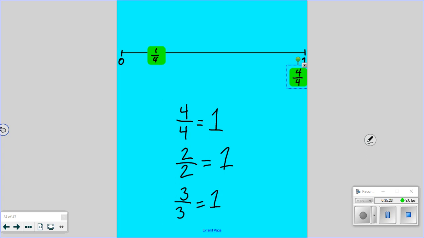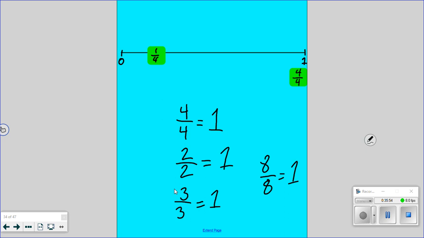The whole thing. Okay. What if I split something into 8, and I had all 8 of them? What is that worth? 1. You think it'll work? It does. If I cut something up and I have all of those pieces, I have 1 whole.